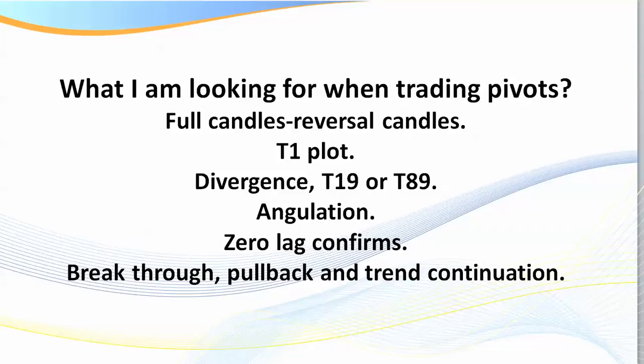You have the zero lag confirm. If you don't have a zero lag, of course you're using the Hull moving average, so that rolling over. So you can see here I'm looking for a number of things to help confirm the pivot bounce. What I'm looking for is a breakthrough, a pullback, and then for the trend to continue.